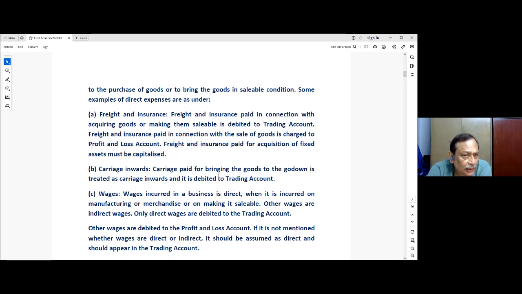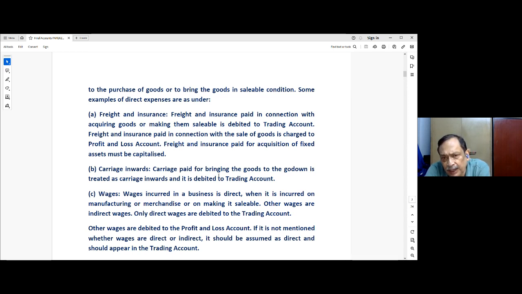So mind this, because students are actually making mistakes while preparing the trading and P&L account, in that they may wrongly consider an amount which is related to freight and insurance. If it is related to purchase, then definitely it is to be debited in the trading account. And if it is related to sales, then it should be charged to profit and loss account.